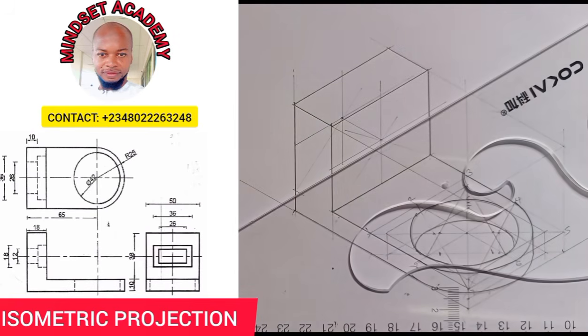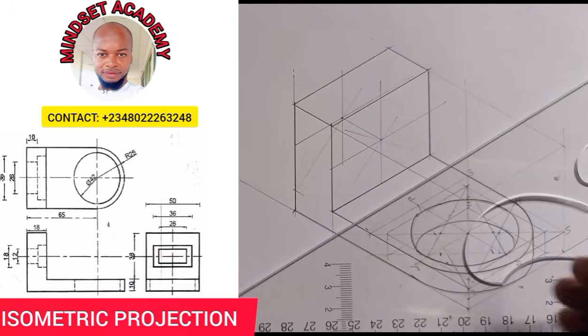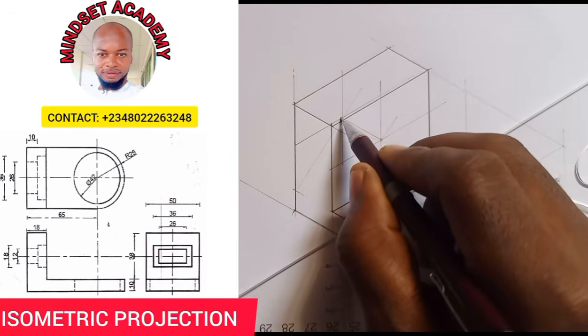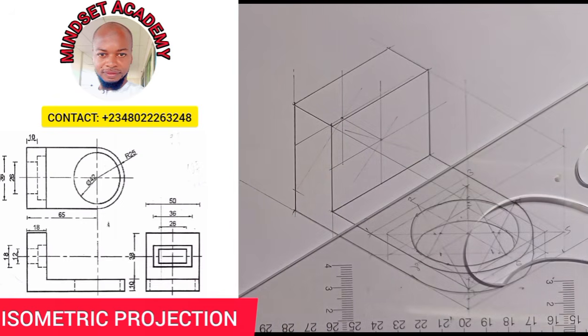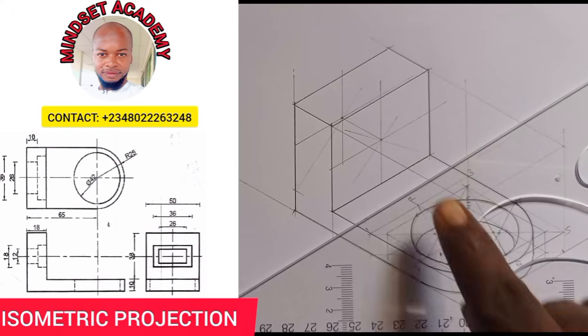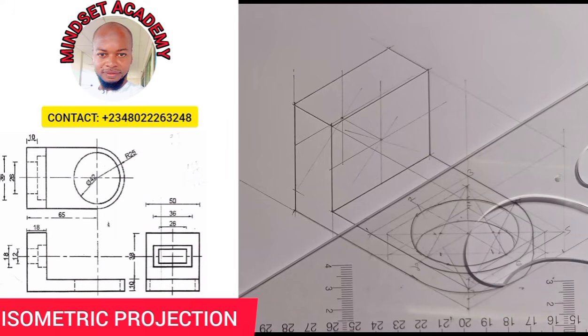Horizontal line. All together. So we have 2 points here, this point and that point. Is that okay? So we know something for sure, that the front one here has a length of what?